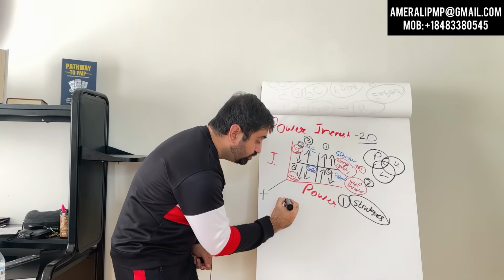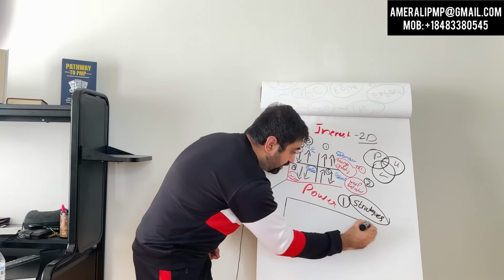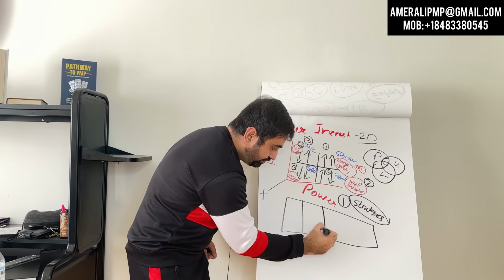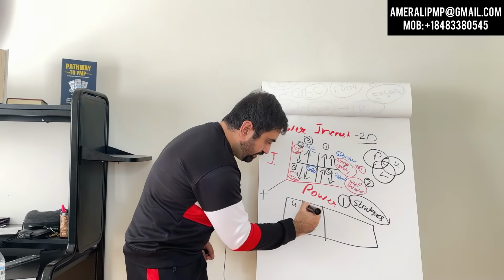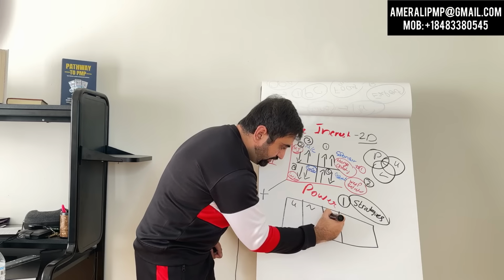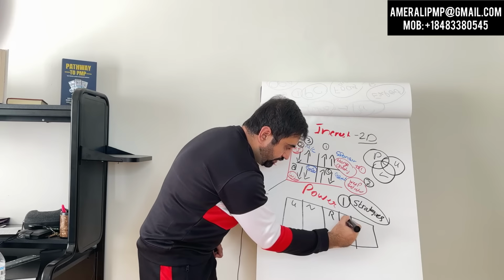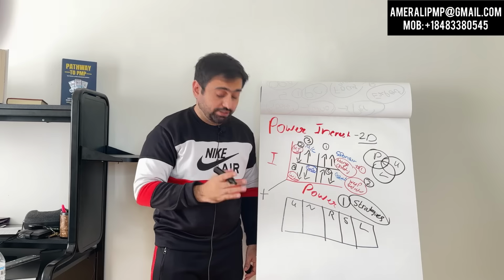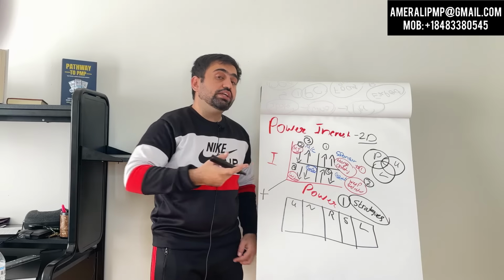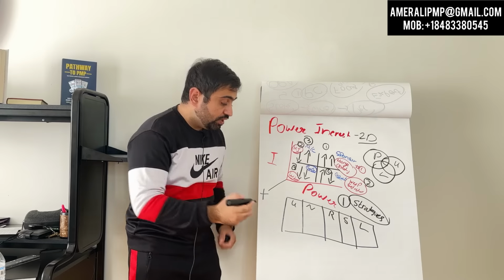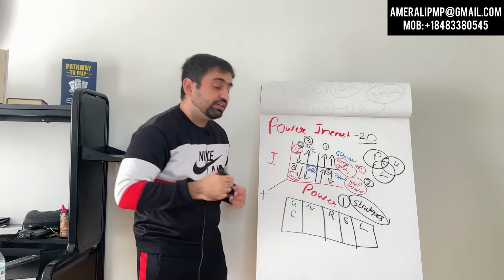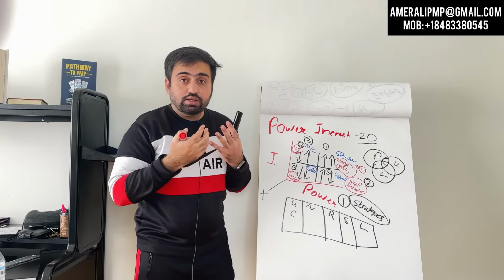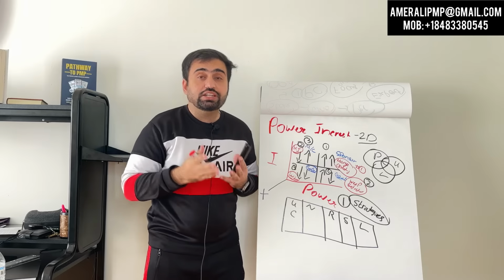For example, we use a tool in it that is called the stakeholder engagement matrix: unaware, neutral, resistant, supportive, and leading. The stakeholder engagement matrix tells you the current engagement of your stakeholder according to the requirement and nature of the project.